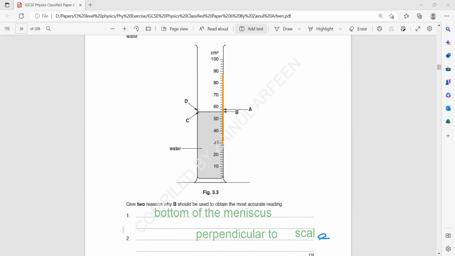And another thing you can say, because this is B, it is also accurate because that is the side where there are markings. So you can mention reading the bottom of the meniscus, or looking perpendicular, avoiding parallax error. And the side where we have markings, that side we are reading, that's why it's the more accurate position.